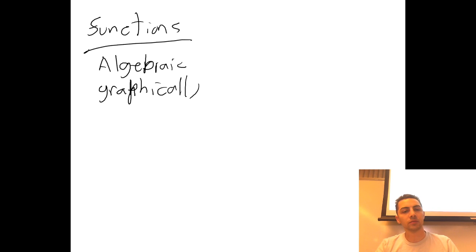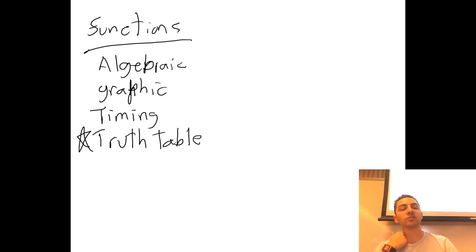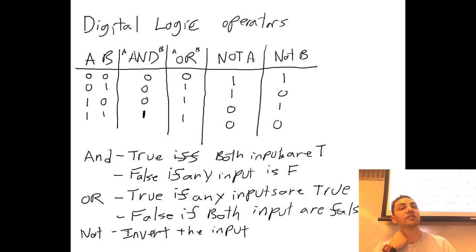Algebraic, graphic, as a timing diagram. We can represent them as a truth table. Now, we've already done the truth table. That's what this previous setup is. Truth tables have the inputs on the left, all possible combinations on the left, and then the outputs.